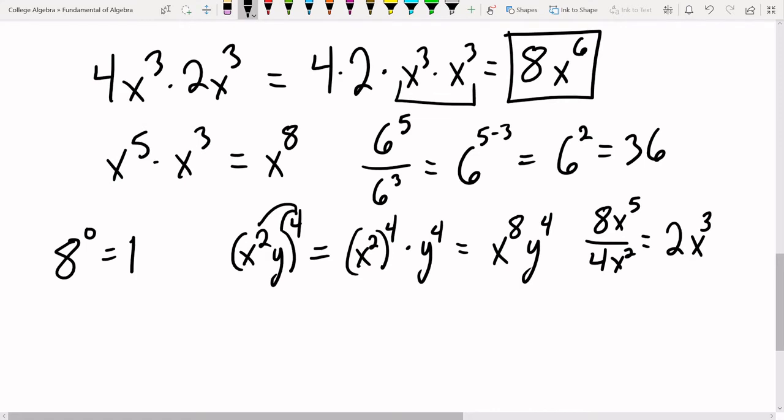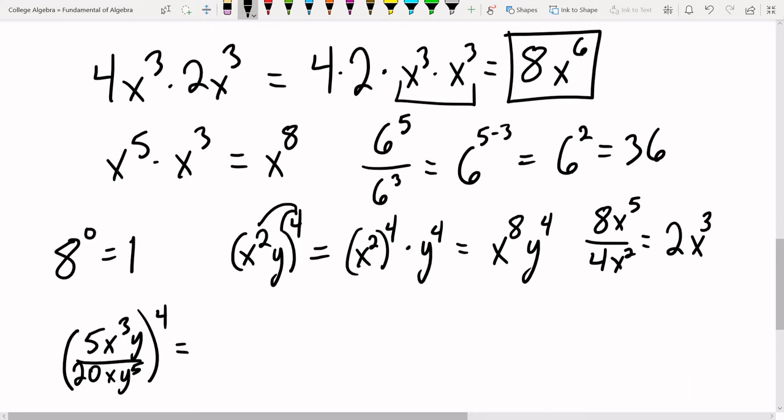All right, let's look at one that's a little bit more involved. 5x cubed y over 20x y to the 5th, and all that is to the 4th power. What I'm going to do here is simplify the inside first, and then take care of the outside 4.